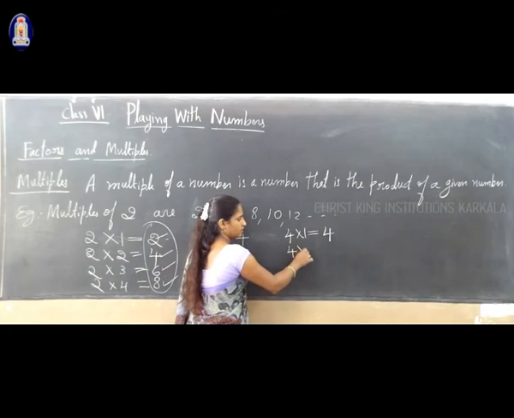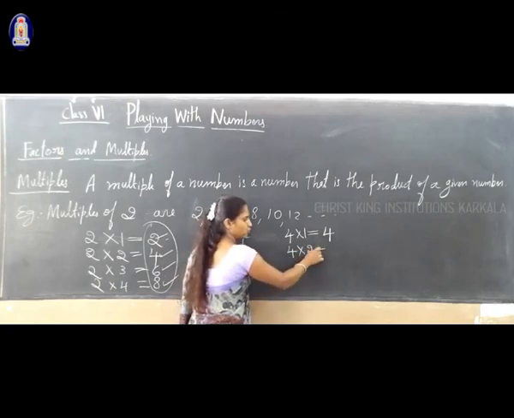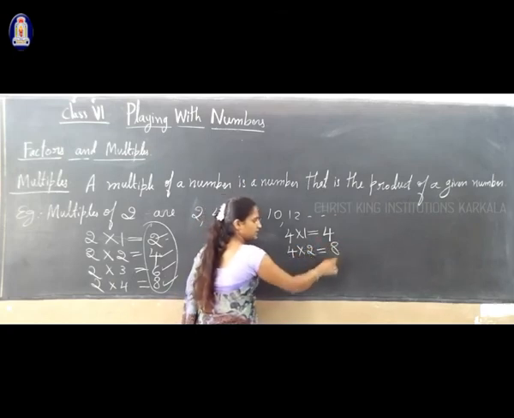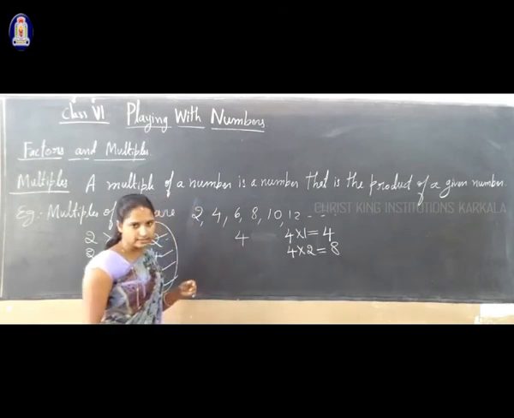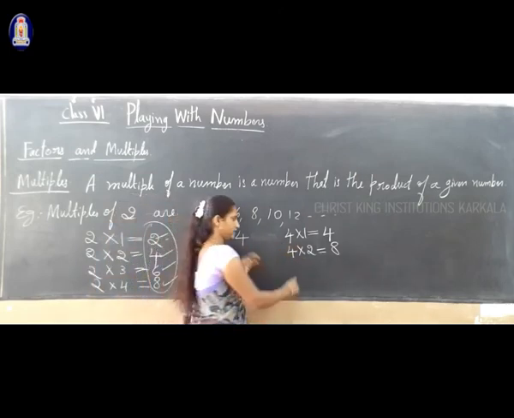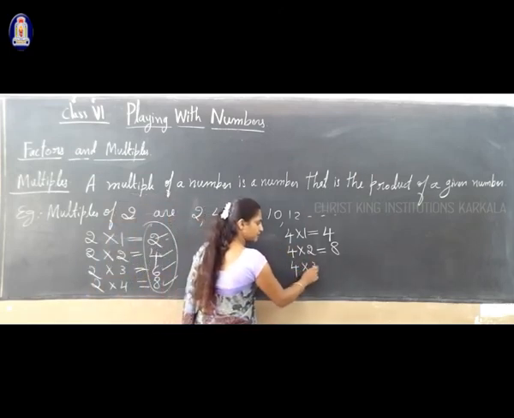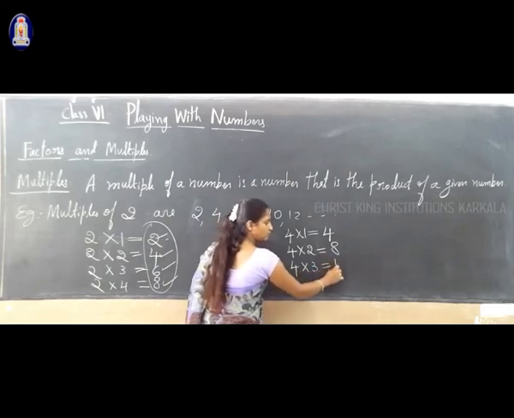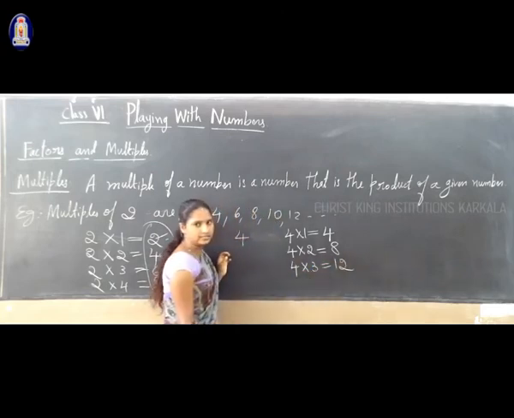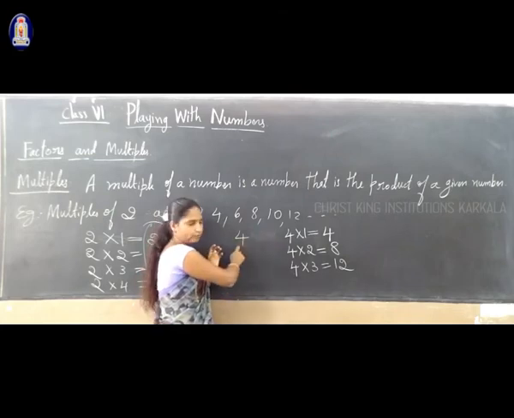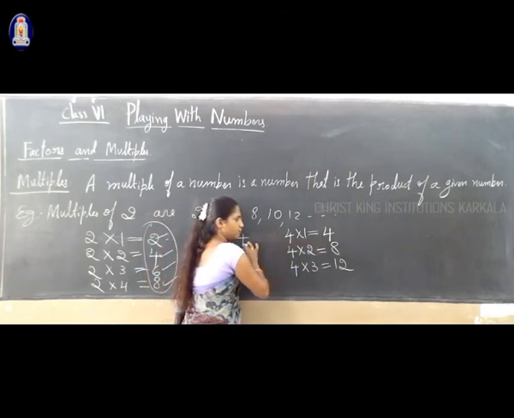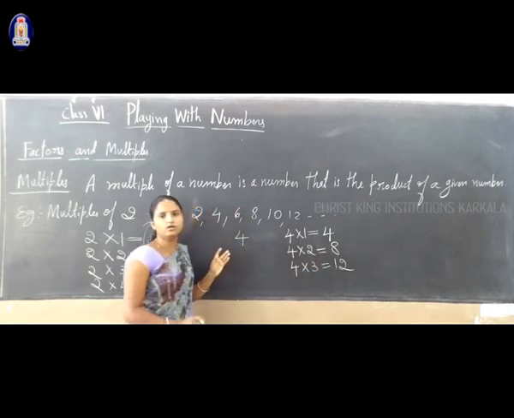Next, the same number multiplied by 2, 4 twos are 8. Correct? 4 twos are 8. Same number multiplied by 3, 4 threes are 12. That is a multiple of 4. See, 4 is a multiple of 4, 8 is a multiple of 4, and 12 is a multiple of 4.